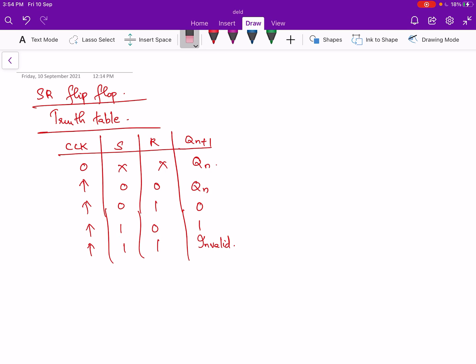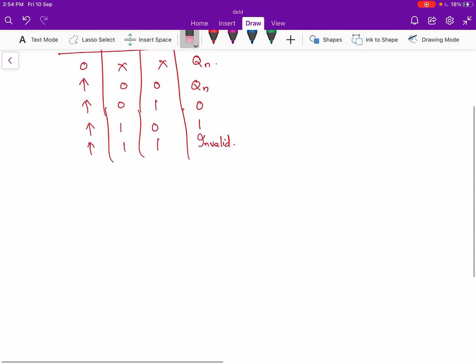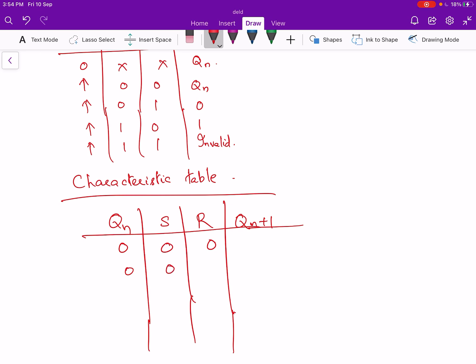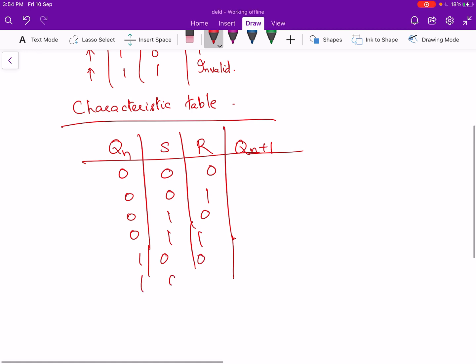Now we can draw the characteristic table. In the characteristic table, we will be writing Qn plus 1 in terms of Qn, S and R. So there are three inputs, Qn, S and R. So there will be 8 possible combinations: 0, 0, 0, 1, and so on.